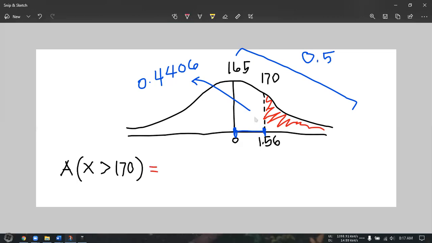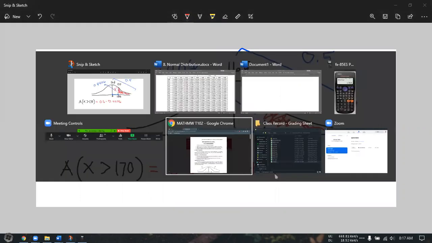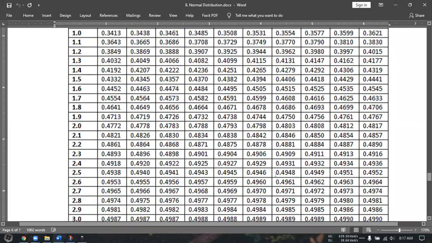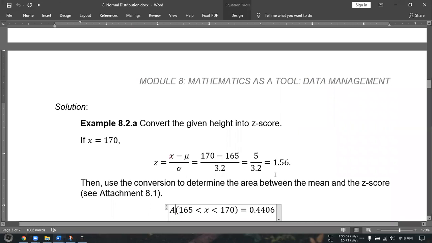How to subtract? We have to get rid of this portion from the half, so that the remaining part of that half is the area greater than 170, which is 0.5 less than the area from the mean, 0.4406. And don't be confused by this symbol.